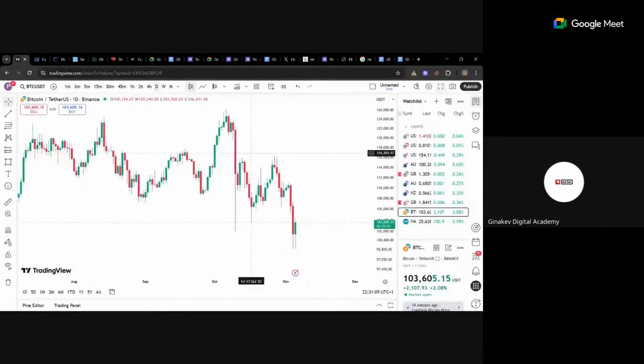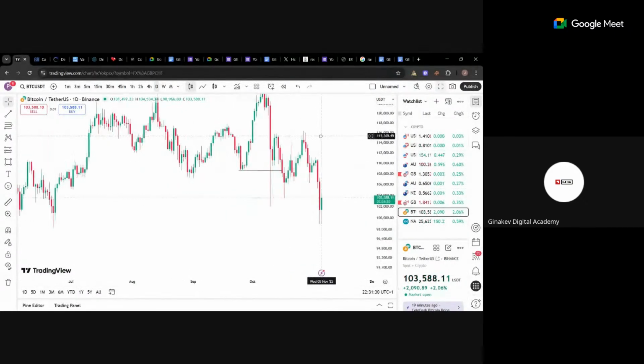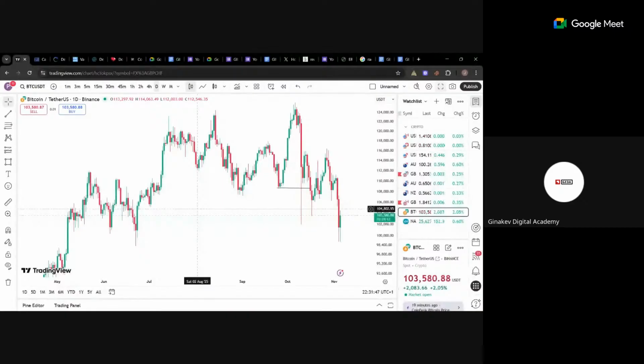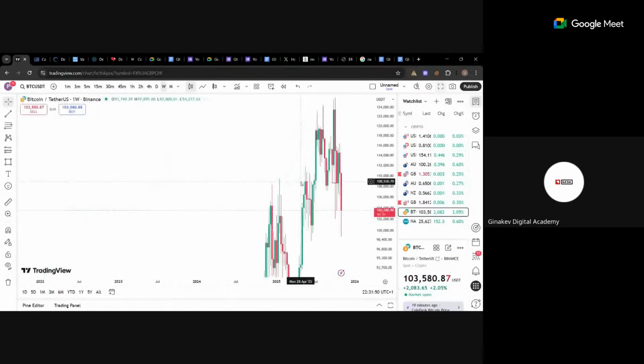At this point we had a break of structure, and somewhere around here another. From this low to this high, do you know that that is your pullback? Now you have another break of structure here, and the market is going back up. What is it doing? It's giving you your pullback. So no matter how little it is, there's no move without a pullback. It's impossible.